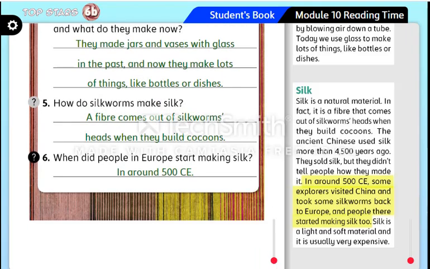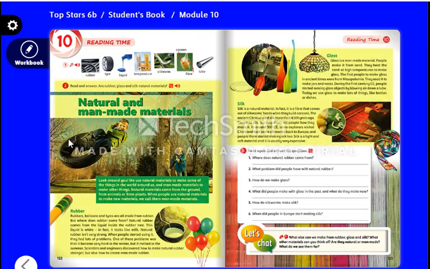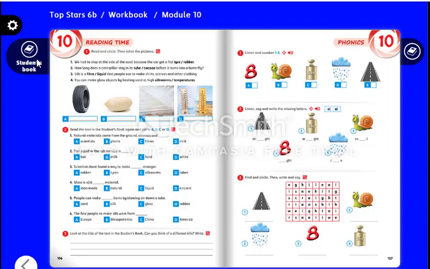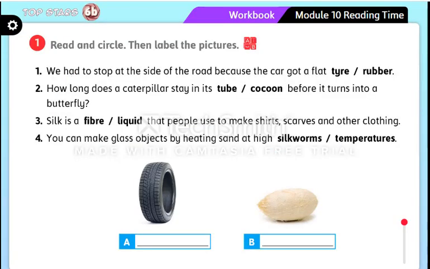Now, my dear students, let's go to the workbook. Read and circle the label, then label the pictures. We had to stop at the side of the road because the car got a flat tire. Good. How long does a caterpillar stay in its tube or cocoon before it turns into a butterfly? Cocoon.